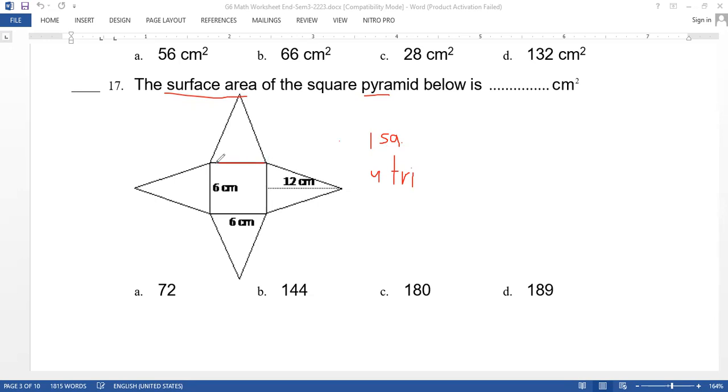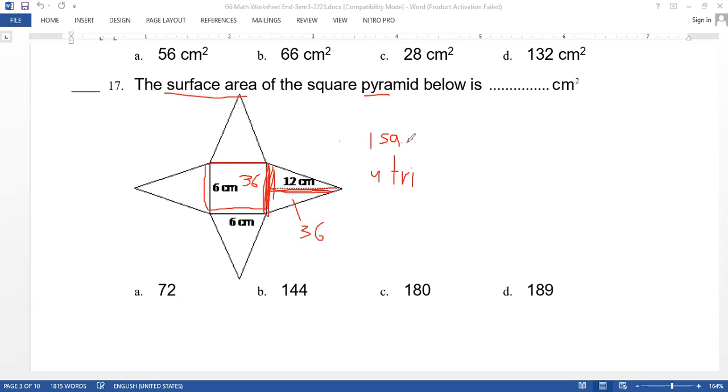As you can see, this is the square. Area of the square, 6 multiplied 6 is 36. Now the area of the triangle, base times height, divide by 2. 12 is the height, multiply 6, divide by 2, equals 72 divide 2, which is 36.